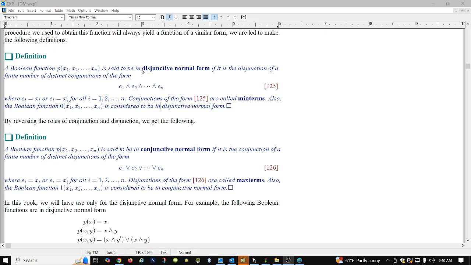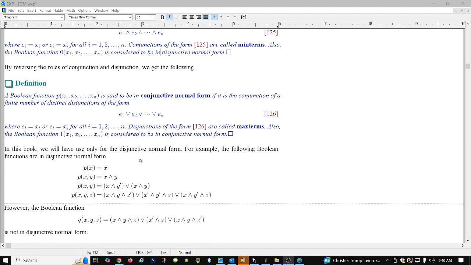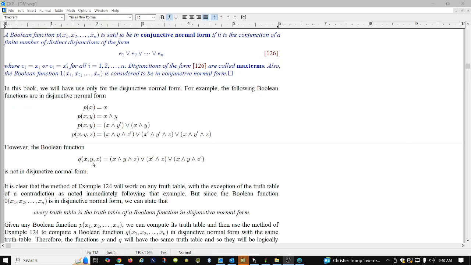Okay, so maybe that'll help you remember what disjunctive normal form is. It's a disjunction of the only other possibility, and that is conjunctions. This polynomial is not in disjunctive normal form, and I'll let you examine it to see why.